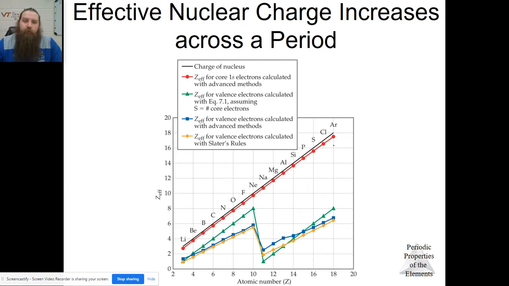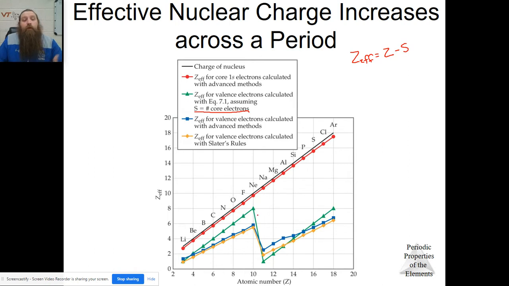Now, if we use equation 7.1, which is Zeff equals Z minus S, and we assume S is just the number of inner electrons, core electrons, we get this blue graph. And we can see that, as you go to the right, effective nuclear charge is rising.